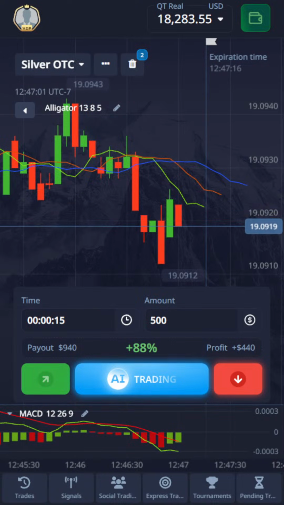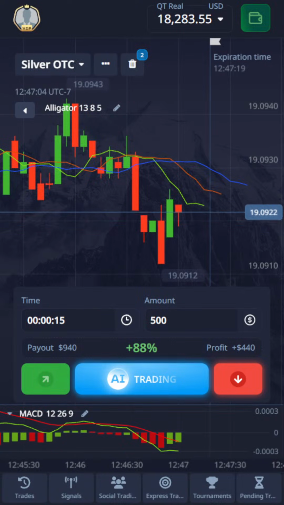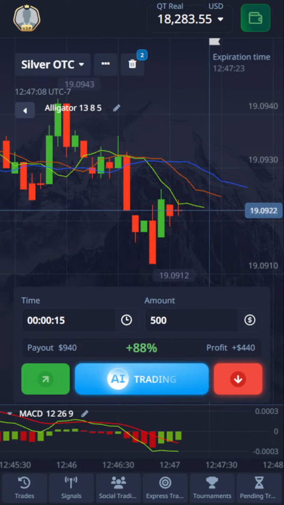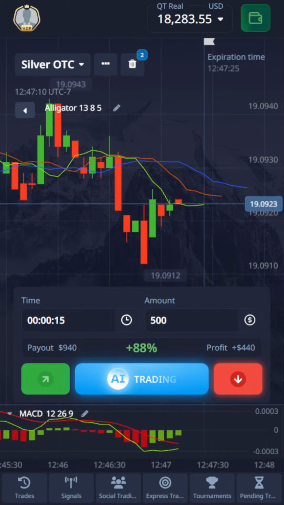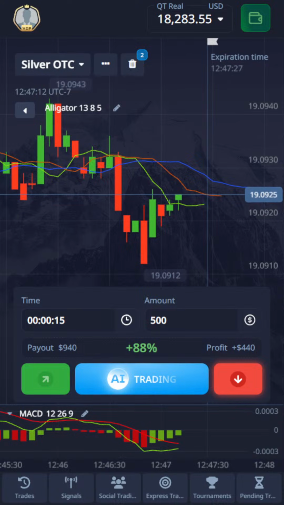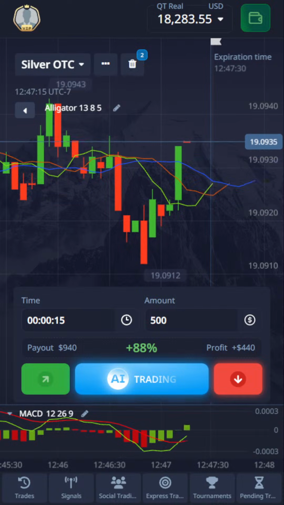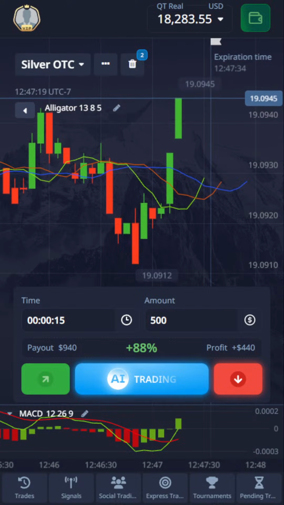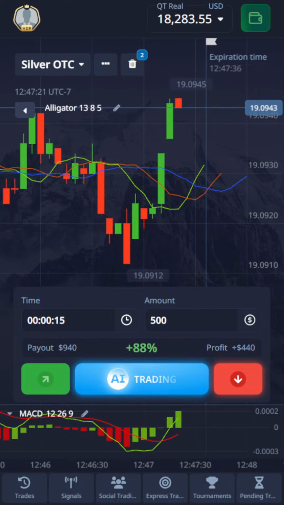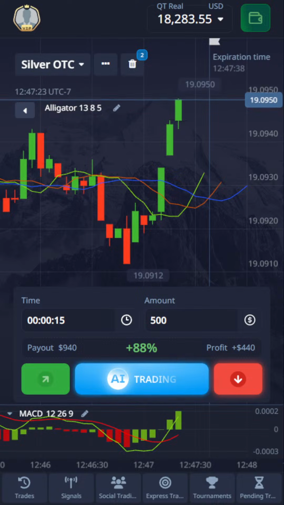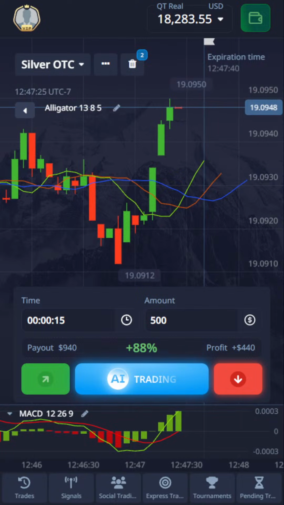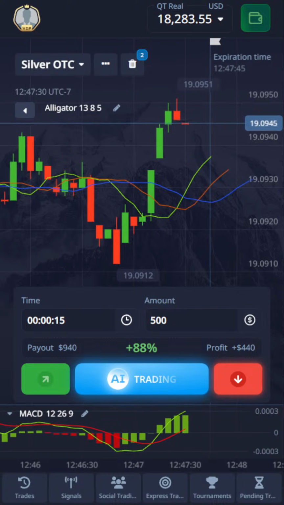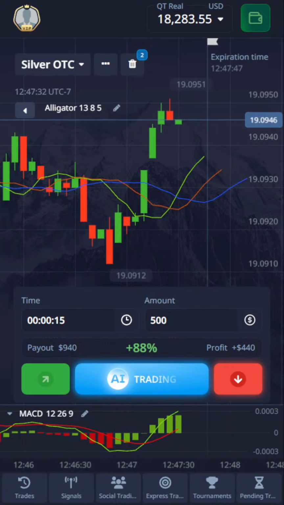I also talked about how the two indicators work together, how they help me with confirming the proper direction that I'm taking, then also the strength of that particular trend that I'm in. So as you can see over there, what is happening with the alligator indicator is the same thing that is happening with the MACD indicator. So you know exactly what to do, how to do it, and all that.